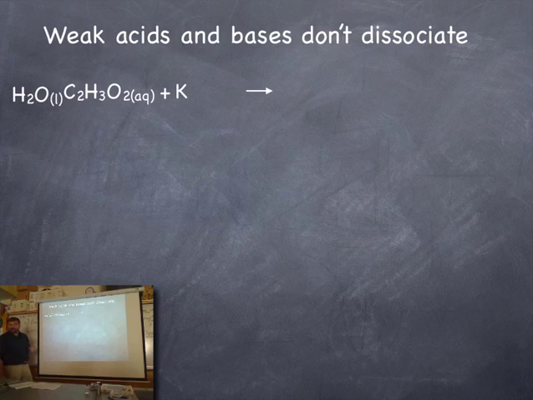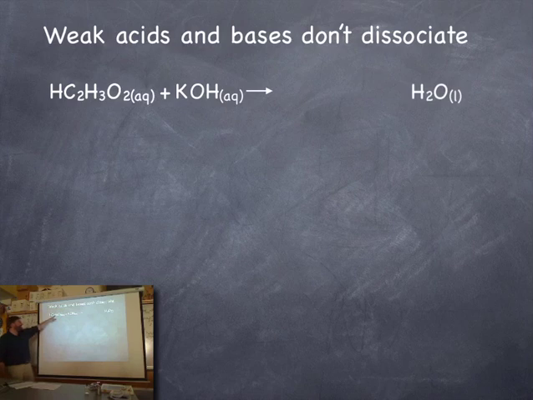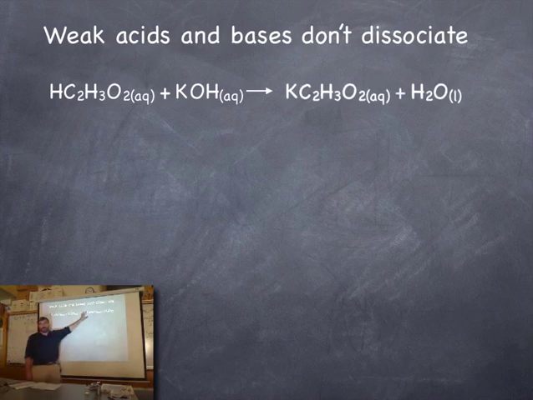That reaction of the hydrogen with the hydroxide to produce water is our typical acid and base reaction. Then what we'll have left is the acetate ion, and the potassium ion is what we would have left over. So here, this would be our molecular equation for an acid and base.